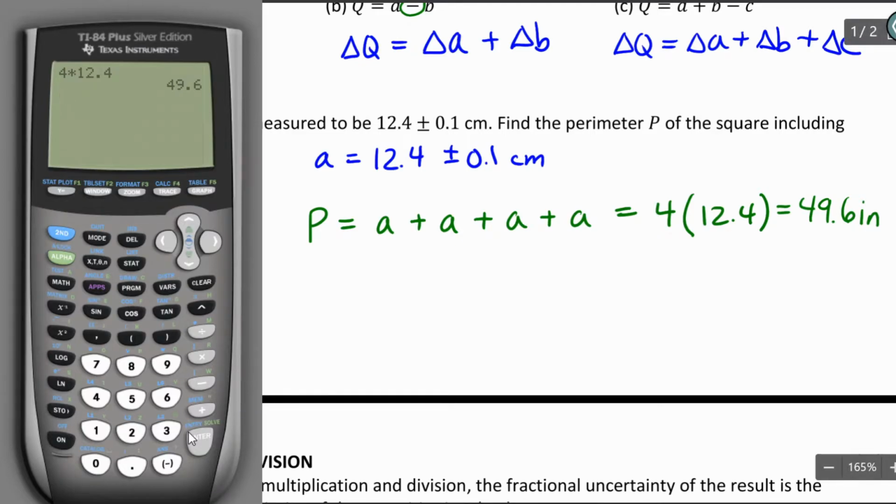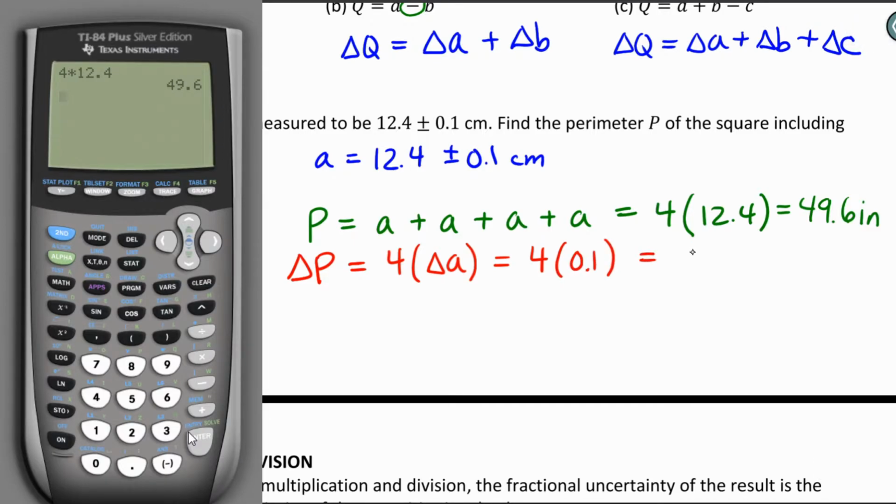Well, to find the uncertainty, 4 times the absolute error in A. The absolute error in A was 0.1 centimeters. And so we end up getting 0.4 centimeters for the absolute error in the perimeter.